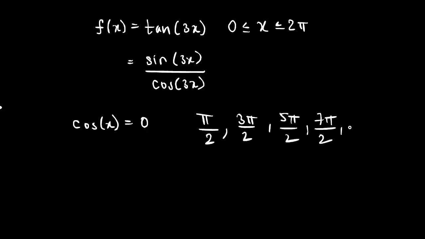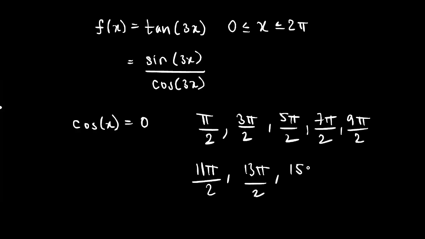This would go on infinitely, but we're simply trying to find the discontinuities within our given range. So how do we know when to stop? Over here we'll notice that we've already surpassed our value of 2 pi when we were looking at these discontinuities.